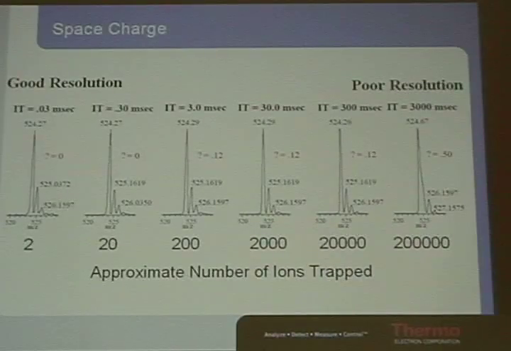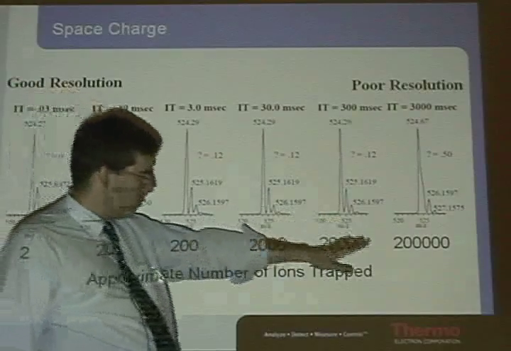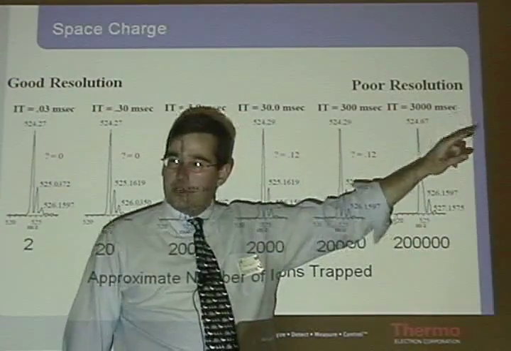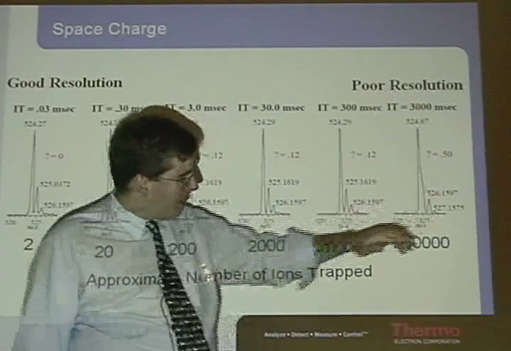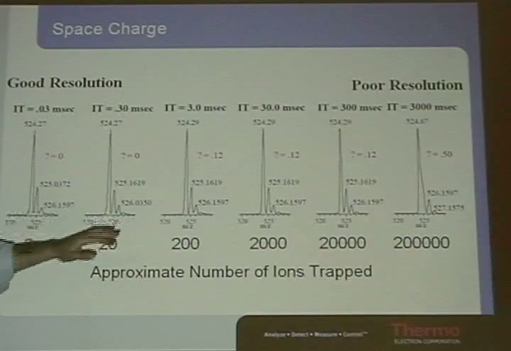Does that make sense? So I can imagine that a chromatographic peak is a set of data points where I first had 2 ions in the trap, then 20 ions, then 200, then 2,000, then 20,000, then 200,000. I'm at the apex of the peak. Now as the peak starts to go back, we go back down to 20,000, 2,000, 200, 20, and 2.